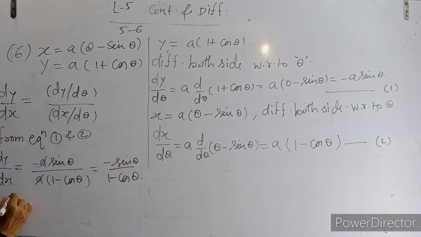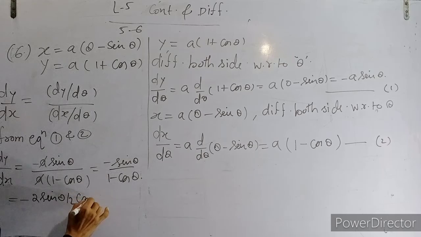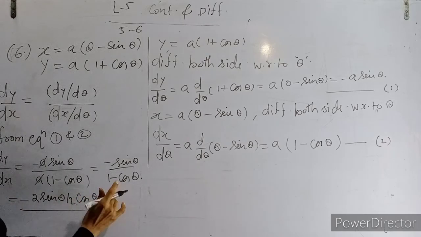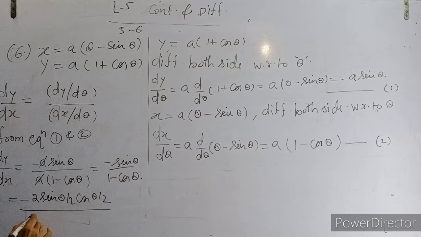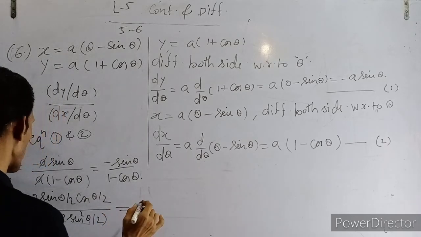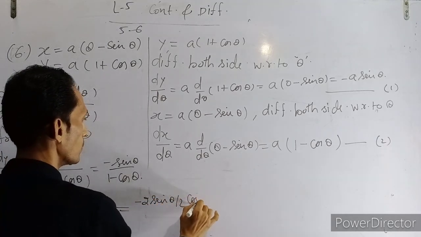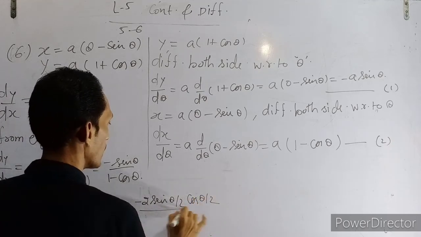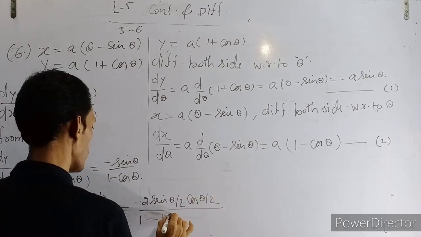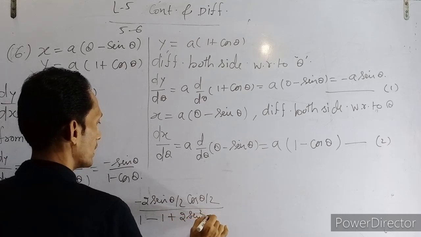Minus sin theta means minus 2 sin theta by 2 into cos theta by 2, and to eliminate the denominator, 1 minus cos theta is 1 minus 1 plus 2 sin square theta by 2.